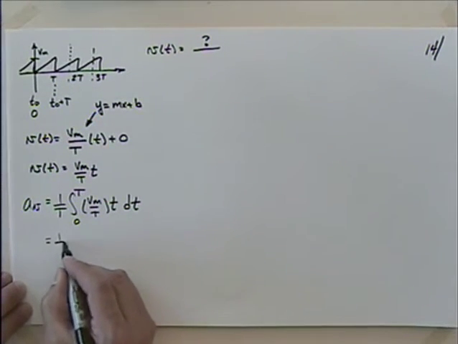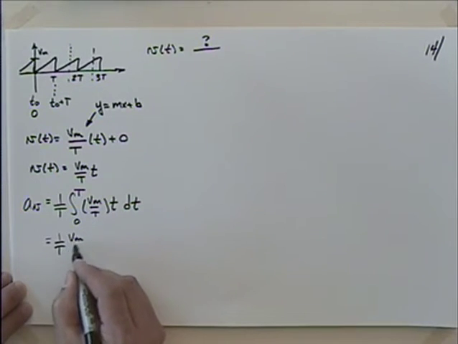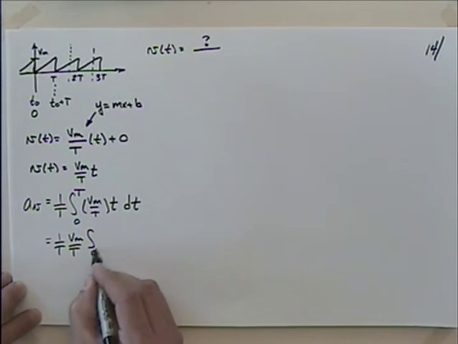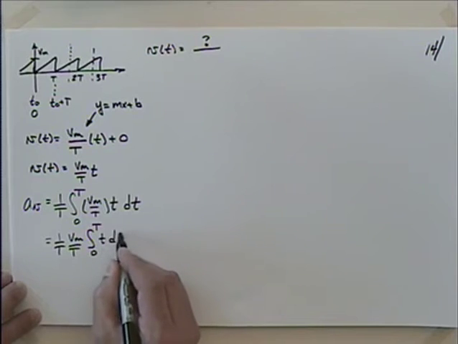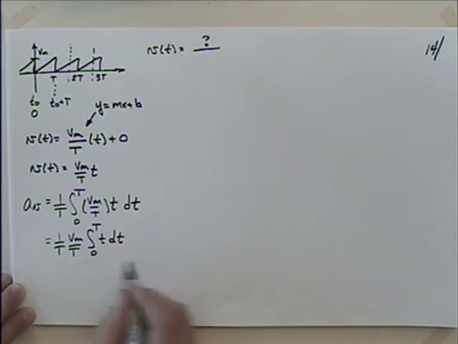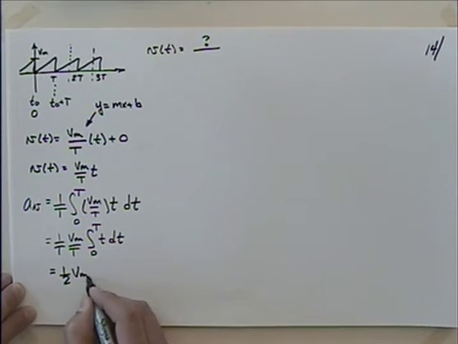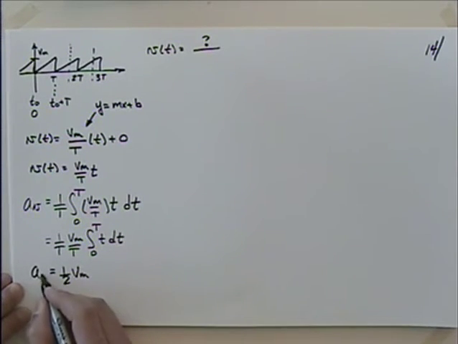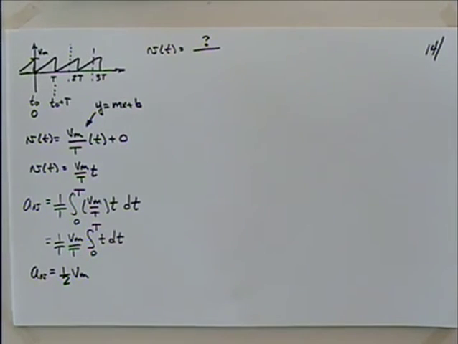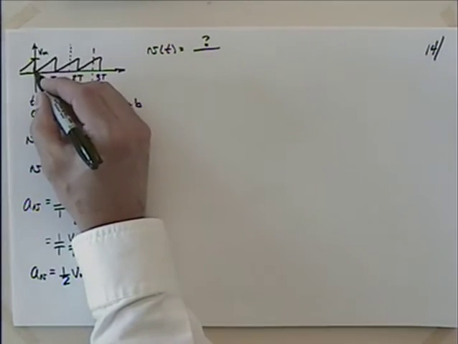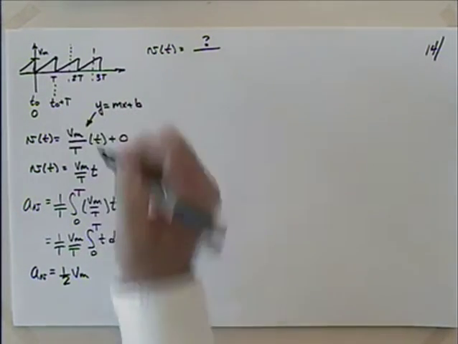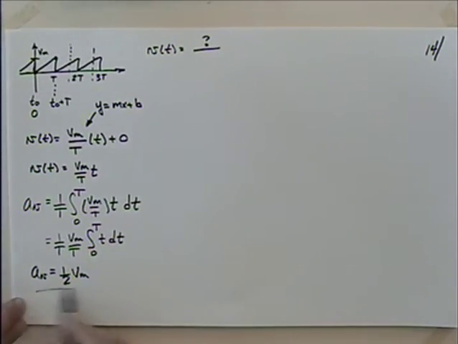So I'm going to have 1 over T times Vm over T times the integral from 0 to T of t dt, right? Which turns out, when you get done with this, to be equal to 1/2 Vm, and all the dust clears. Does that seem like the average value? Yeah, I mean, I think if you were pressed and you had to find the average between those two points, it'd be 1/2 Vm. So that makes sense. Probably could have just written that down from the get-go, but it's good practice.